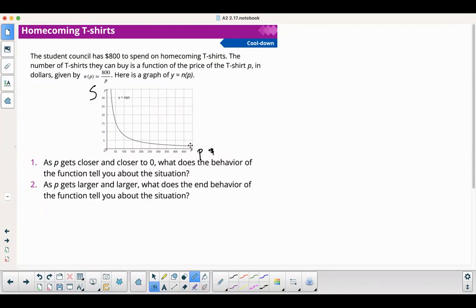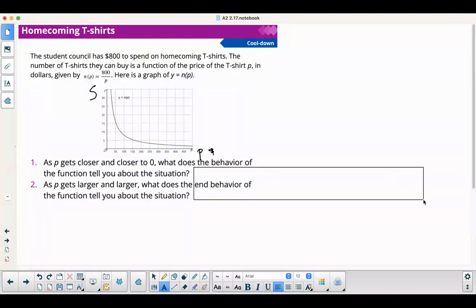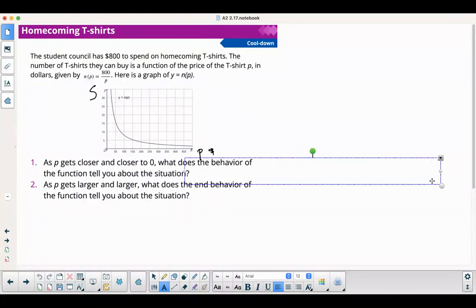If they cost $100 a piece, you're not going to be able to get as many. So on this one, I would say the cheaper the price per shirt, the more shirts you can buy.